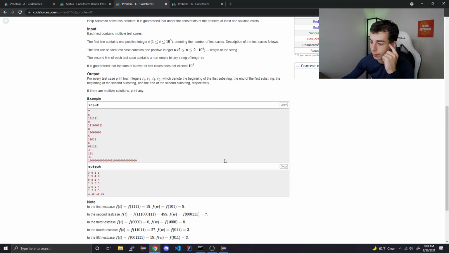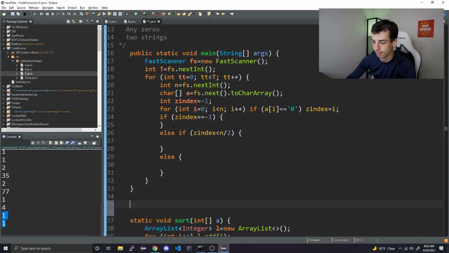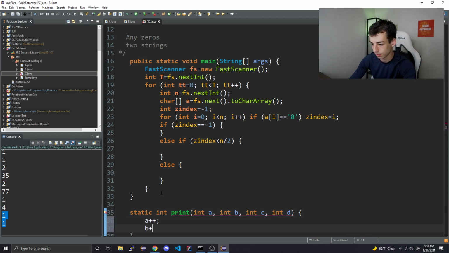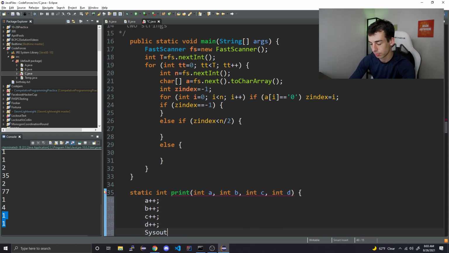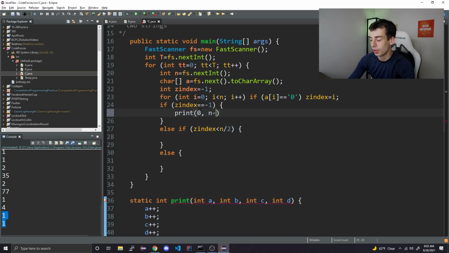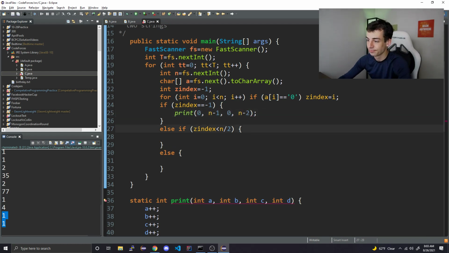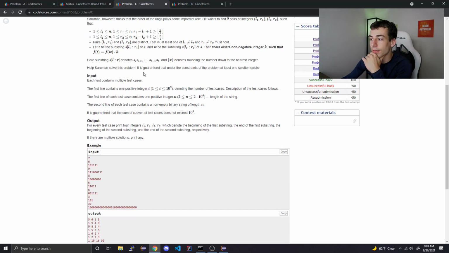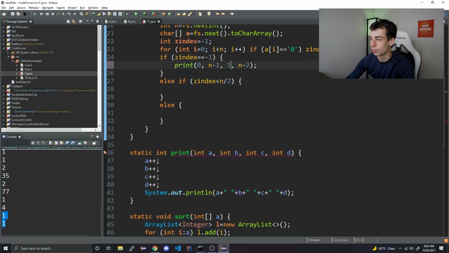Oh, we gotta do this one-indexed, huh? Yeah, so let's just make a print method. In this case, print 0, n minus 1, 0, n minus 2. If it's all ones, that should be fine. Oh wait, they're all ones, and then this is 1 to n minus 1.